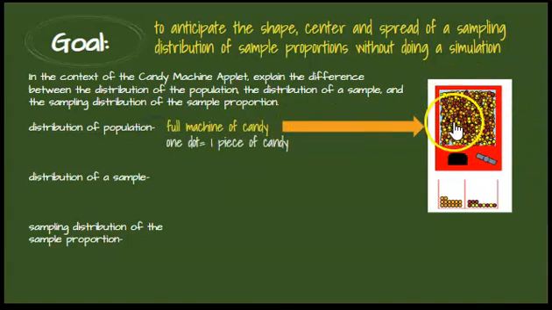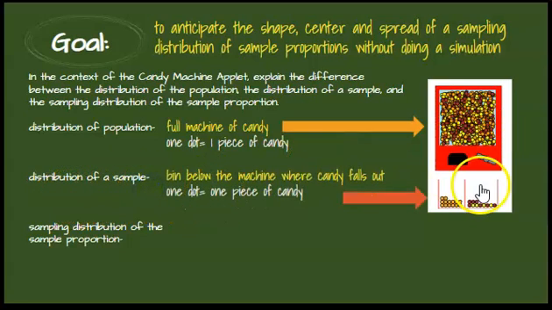So if I made a dot plot of this based on color, one dot would be one piece of candy, if I was plotting how many orange are in there. Now the distribution of the sample is this subset of the population down here. And again, if I made a dot plot of this sample, each dot would represent one piece of candy.